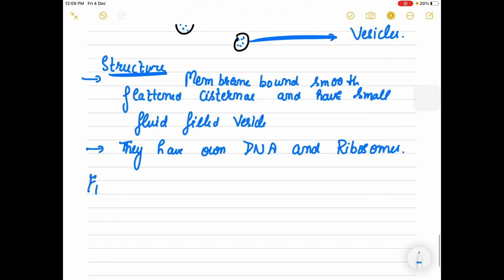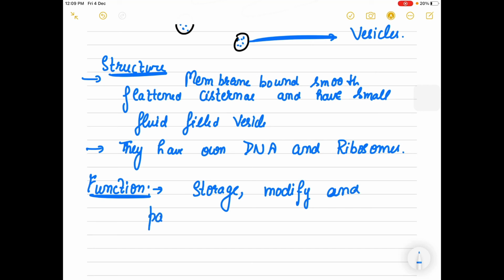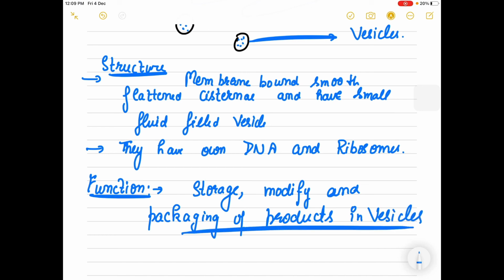So what is the major function of Golgi apparatus here? The major function of Golgi apparatus is storage. The major one is storage, modification, जो proteins बनके आती हैं, and packaging. पैक करती है ये, packaging of products, because it has large vesicles, so it helps in the packaging and the modification of proteins.